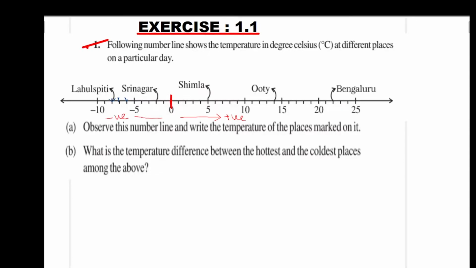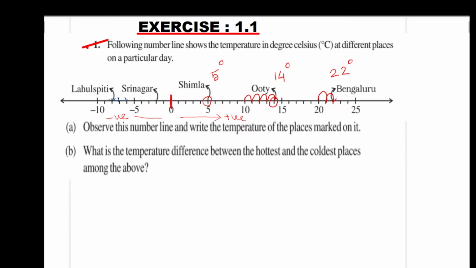So here also first we will find out the places. Shimla is 5, Ooty is 10, 11, 12, 13, 14, that is 14 degrees, Shimla is 5 degrees. Then Bengaluru is 20, 21, 22, 22 degrees.